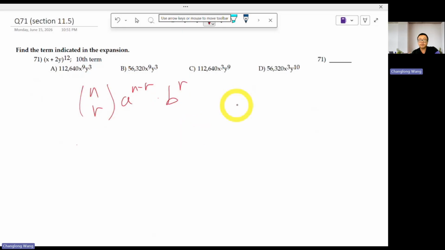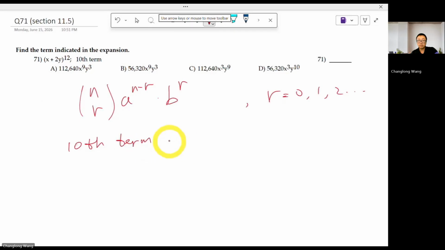But remember that r starts from 0, right? 0, 1, 2, dot, dot, dot. That means the 10th term tells us that r has to be 9. 0 to 9, that has been 10 terms.